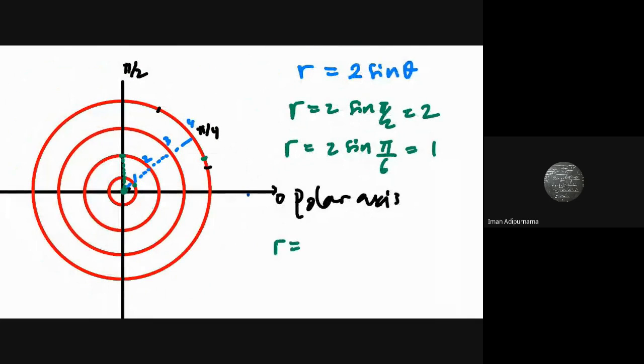And if you have another one, maybe 2 sine pi over 3. Sine 60 is square root of 3 over 2, so the radius is square root of 3, which is between 1 and 2.